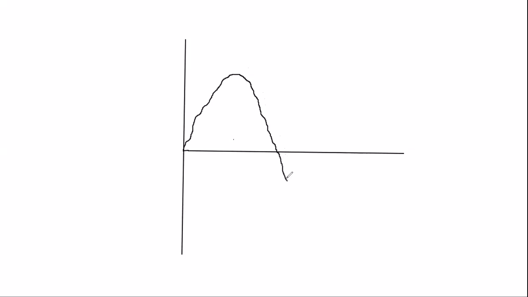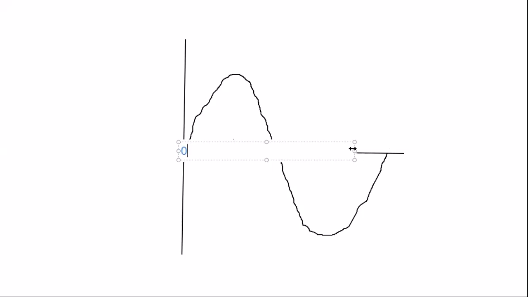If this is the starting point, an AC alternating current will move from 0 to peak positive, down to 0, then from 0 to peak negative, and back to 0.